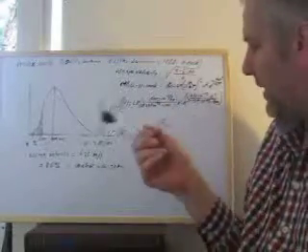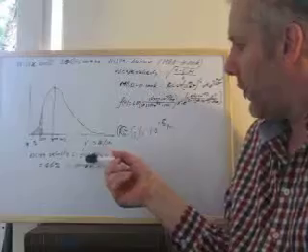So the escape velocity is 635 meters per second.